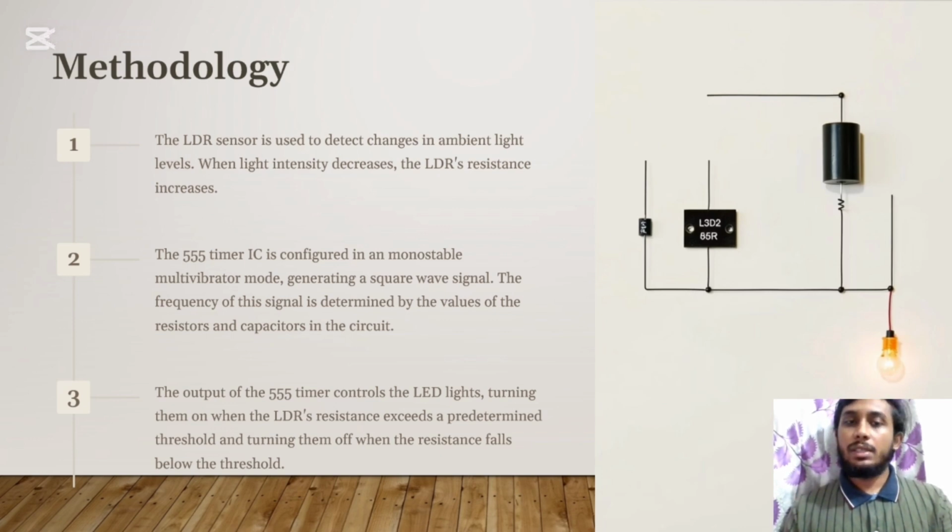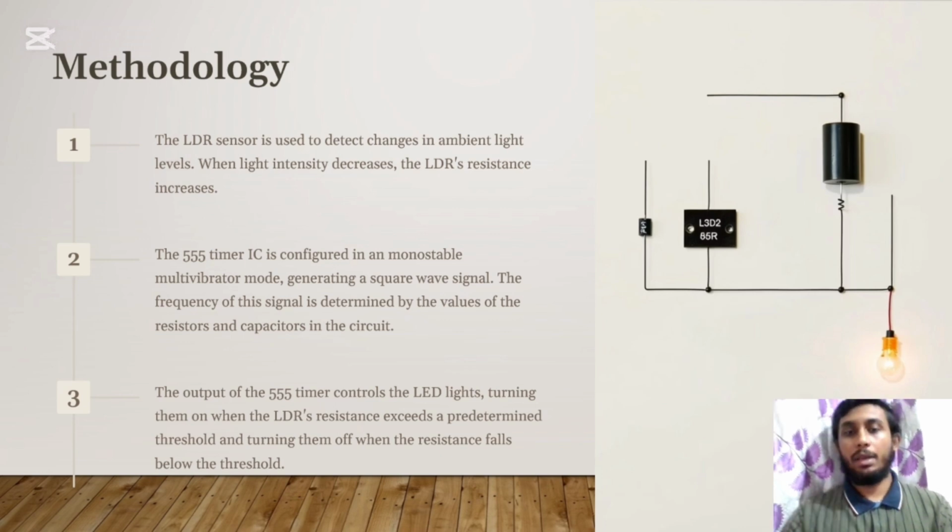The frequency of this signal is determined by the values of the resistor and the capacitor in the circuit. The output of the 555 timer controls the LED lights, turning them on when the LDR resistance exceeds a predetermined threshold and turning them off when the resistance falls below the threshold. So that was our methodology.